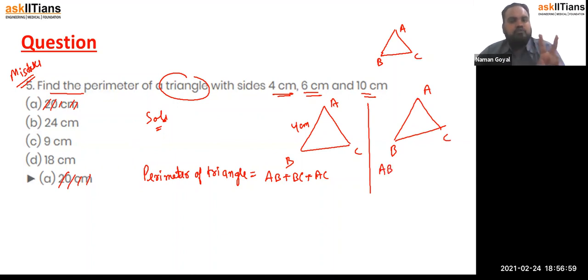The sum of two sides is always greater than the third side. So we can say that AB plus BC is greater than CA, है ना.